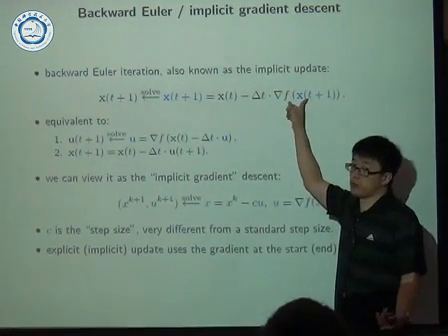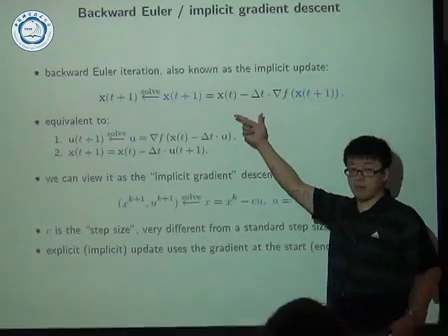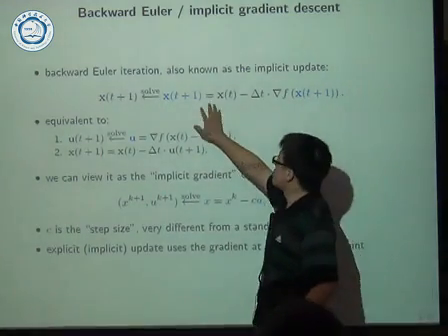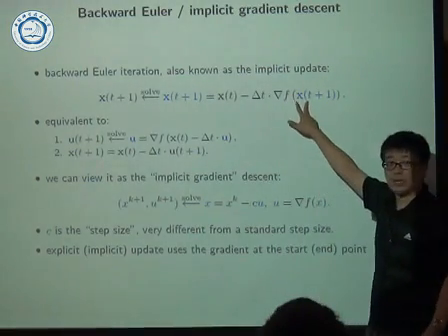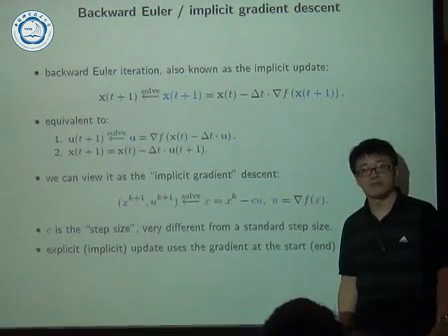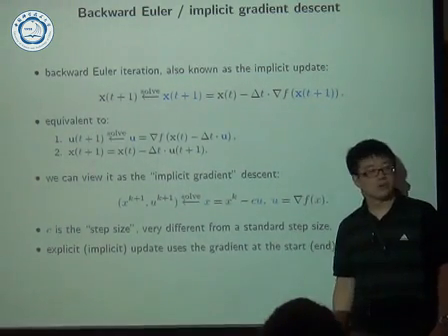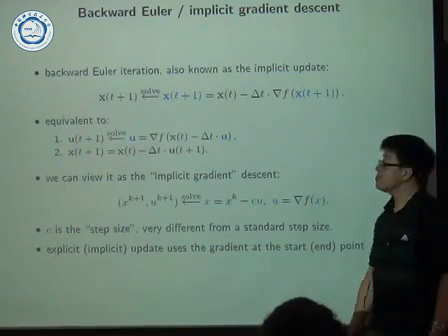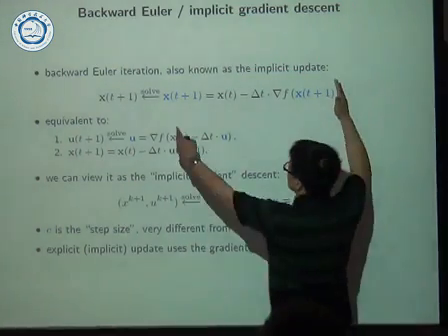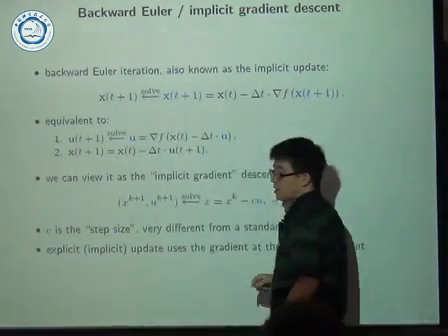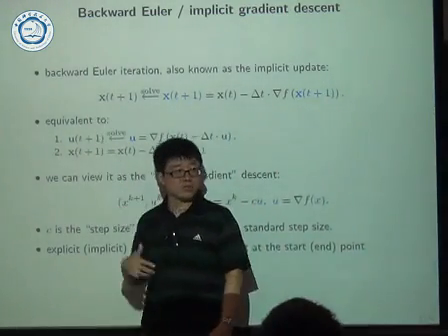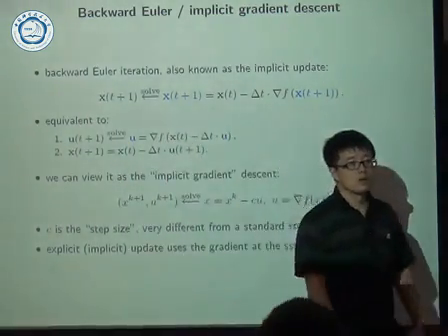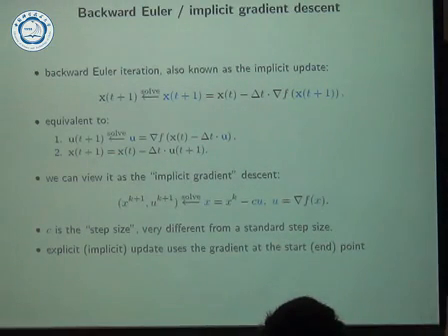I don't know my future point because I need this gradient to calculate my future point. So my future point is equal to the current point minus the step size times the gradient of my future point. And this is the equation you have to solve. The unknown is on both sides. Therefore, you solve this equation for this unknown, x_{t+1}, and then you let the solution be the next point. And this is called backward Euler.